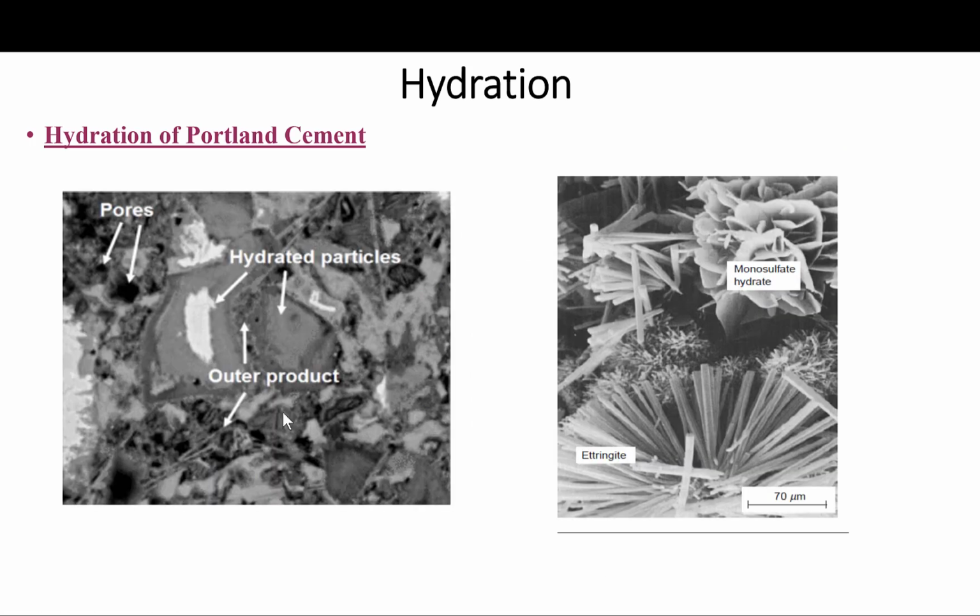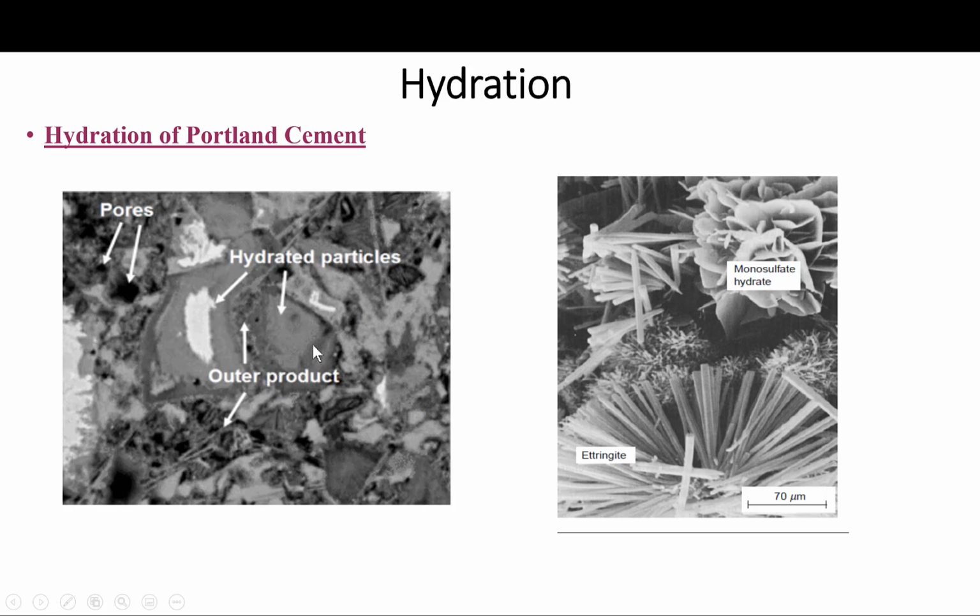These are scanning electron microscope SEM photos that show the development of the hydration products. And again, I'm showing them just to emphasize and corroborate what was discussed above about the hydration process. As you can see, for example, here, this is a photo showing the ettringite needles forming and the monosulfoaluminate phase.